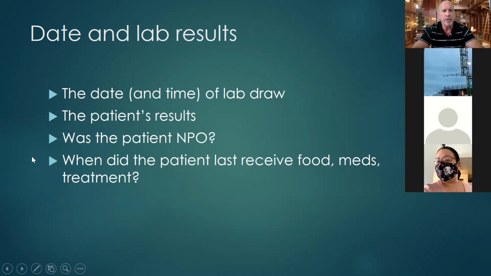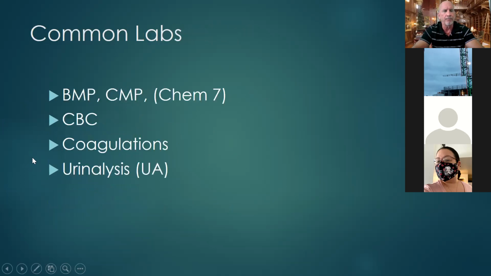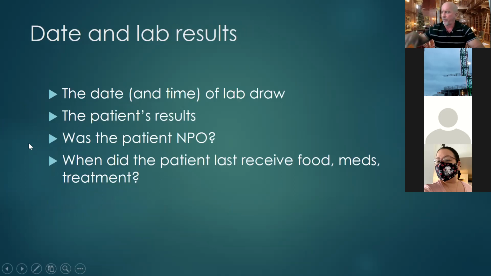Now, something that I need to point out: first of all, normal values are going to differ from lab to lab. One lab may say a PT is 12 to 14. Another lab may say it's 12.5 to 13.5. There is no universal normal value for labs. Normal values differ from lab to lab.